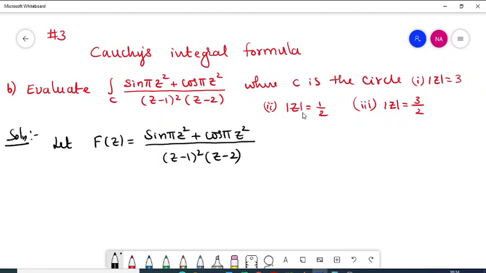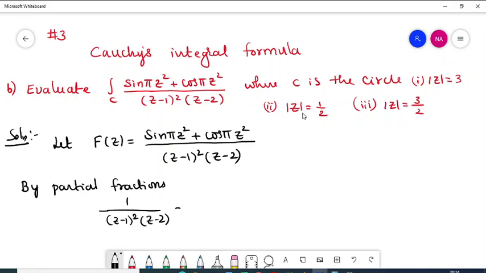Okay, now by partial fractions you have to take only the terms in the denominator. 1 divided by z minus 1 whole square into z minus 2 will be written as A divided by z minus 1 plus B divided by z minus 1 whole square plus C divided by z minus 2.